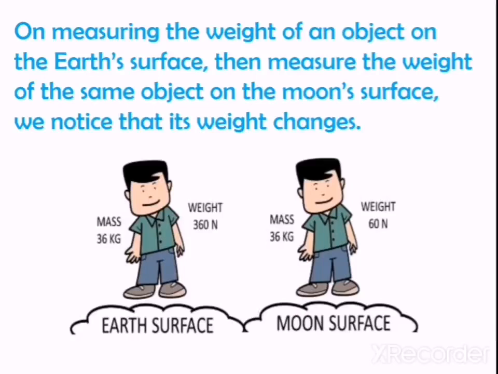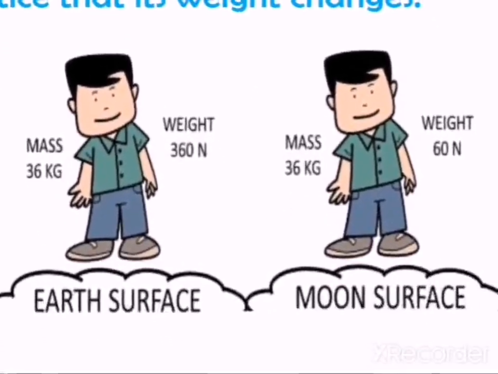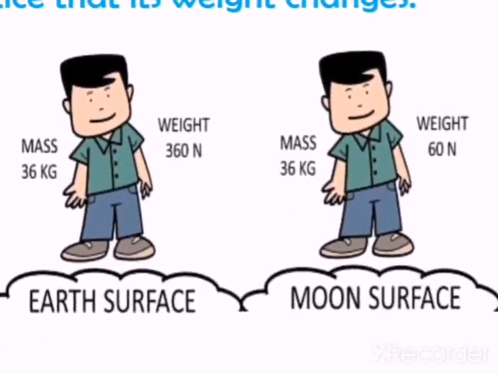So the mass of these people is 36 kilograms on the earth and on the moon, because the mass is a fixed value. But the weight changes from the earth to the moon.